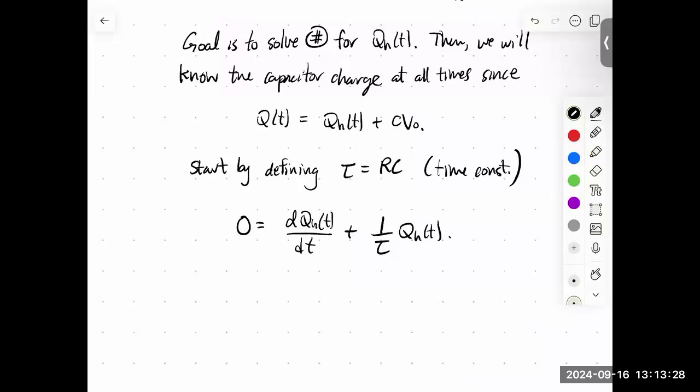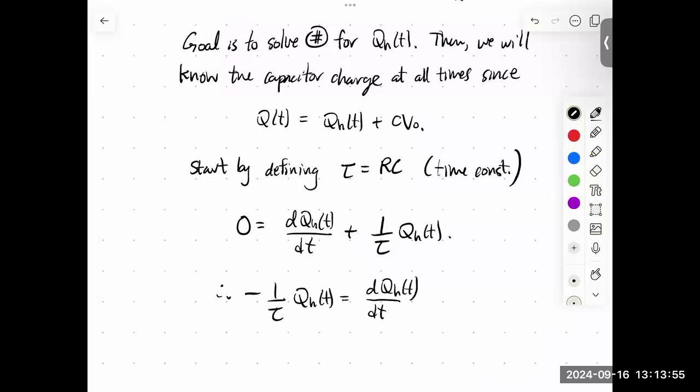Okay, so let's work on the solution then. I'm going to start by taking this term over to the other side. So we'll have a minus 1 over tau QH of t is equal to dQH dt.